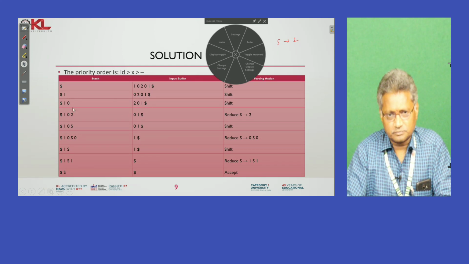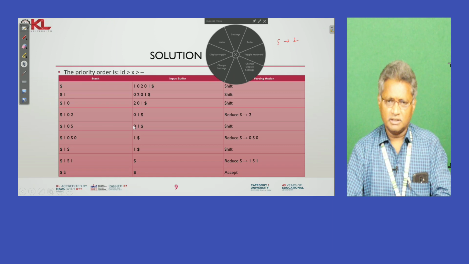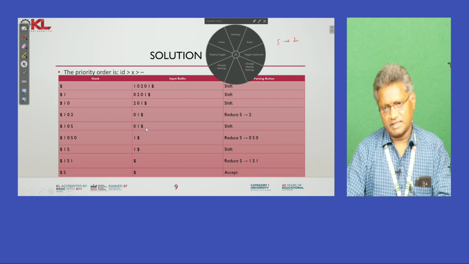Then the stack is 1 0 S. We apply reduce action S derives 2, and the 2 is replaced by S. The input buffer contains the symbols 0 1 and dollar.